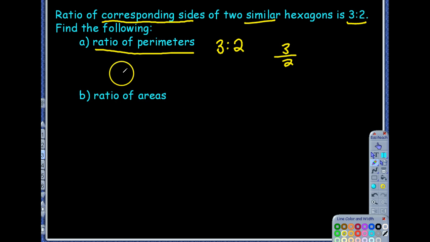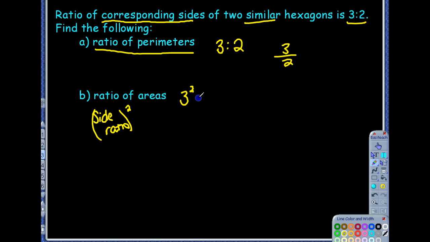Now, what about the ratio of the areas? Well, they're not the same, so I want to remember this. Anytime I see area and I'm dealing with similarity, I'm going to remember the area ratio is the side ratio squared. So I'm going to take that side ratio of 3:2 and square it, which means I want to square each piece.